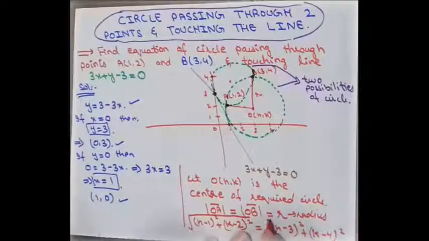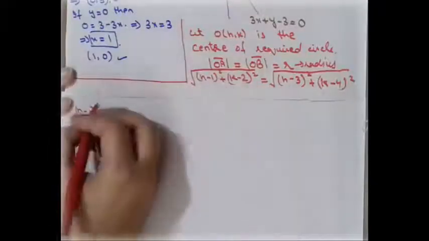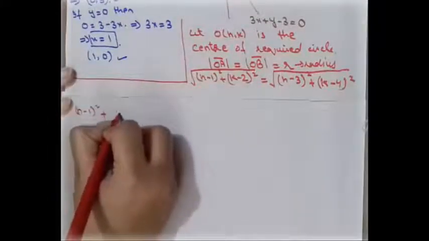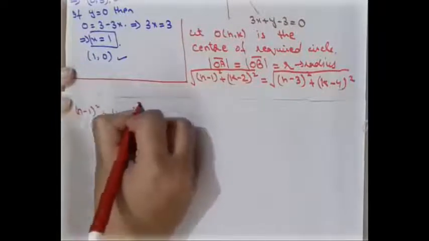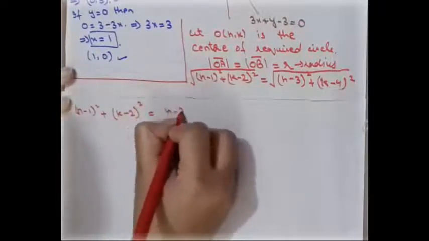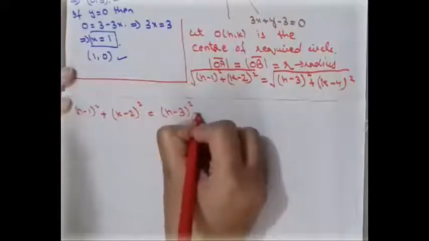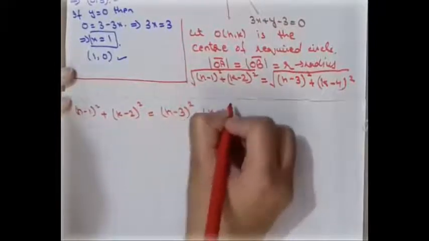If we take a square on both sides, the radical sign cancels out with the square, giving (h minus 1) square plus (k minus 2) square equals (h minus 3) square plus (k minus 4) square.